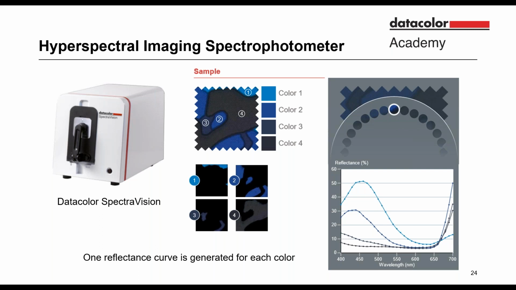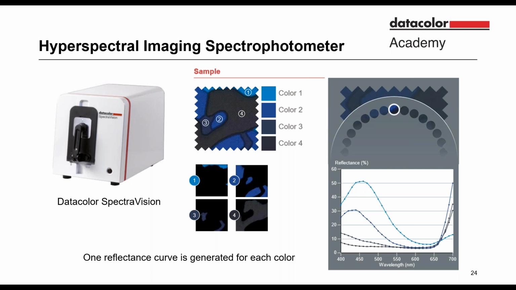Every time we take an image, we are capturing the pixels of the whole sample and separating the color. This separation of color will enable the system to determine a reflectance curve for each of the colors in the print.